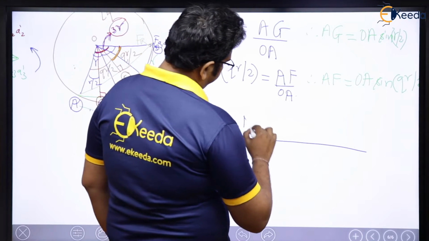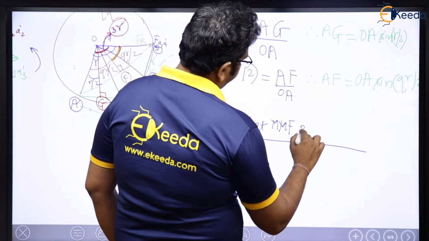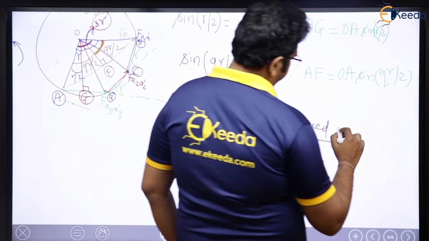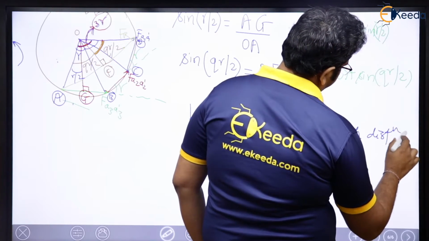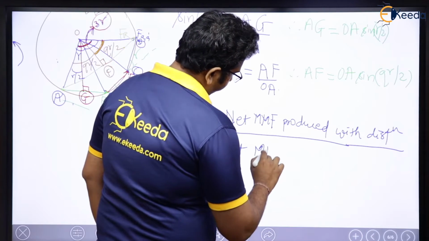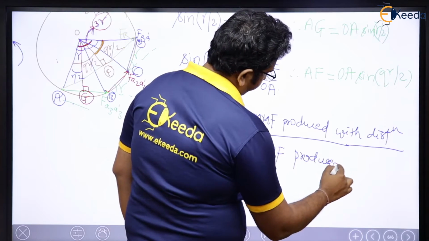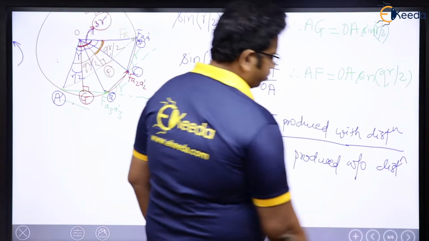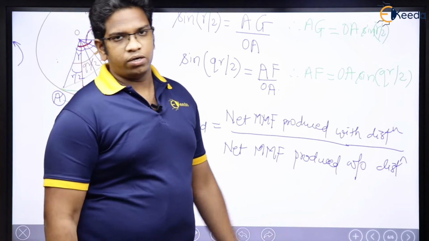So this is going to be the net MMF produced with distribution, and the net MMF produced without distribution.